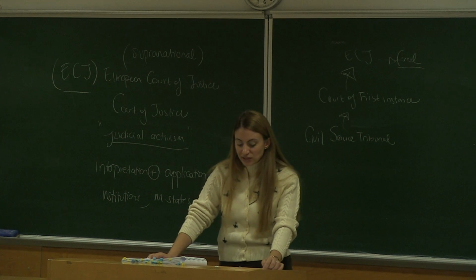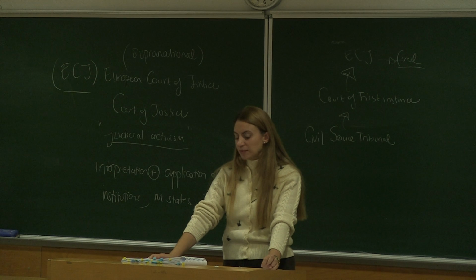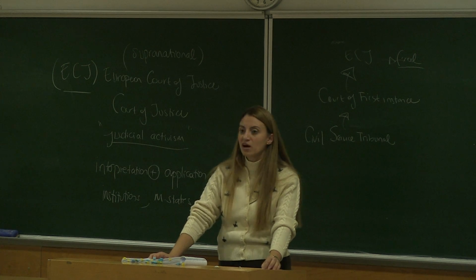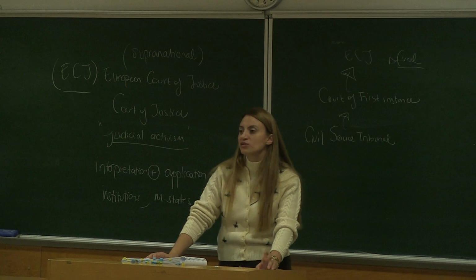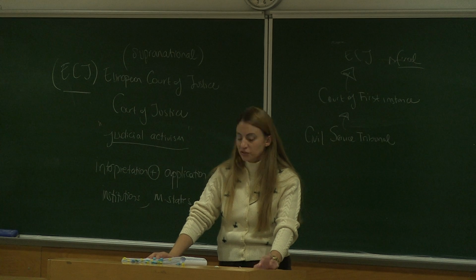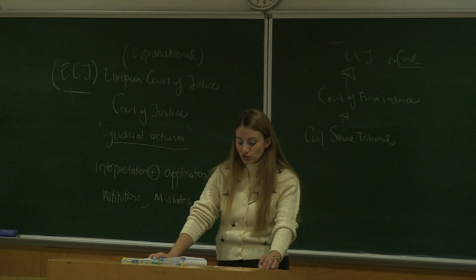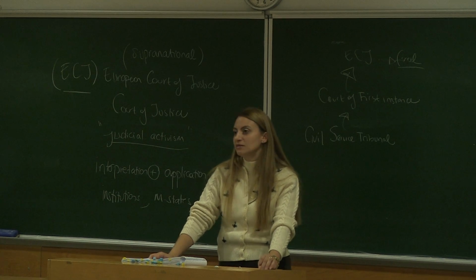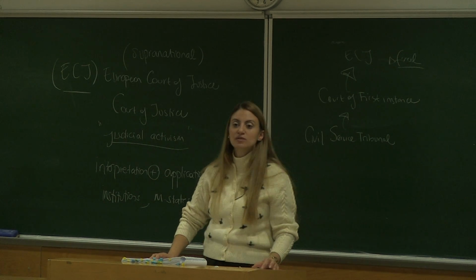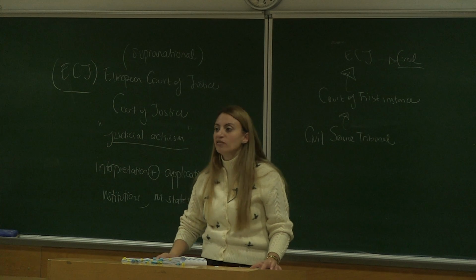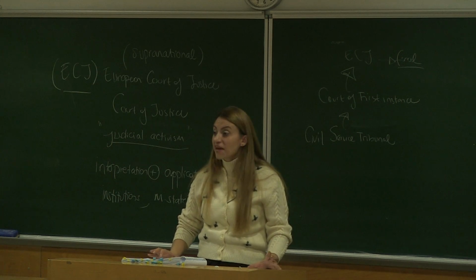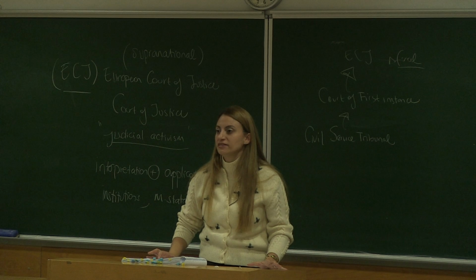There can also be action against institutions for abuse of power. The EU institutions might abuse their power in terms of their functioning. And it can also take action against an institution for failure to act. An EU institution might abuse its power, or it might even fail to act at all.